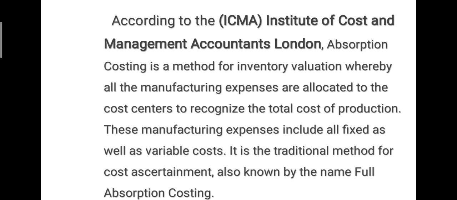Here, inventory must be valued. These manufacturing expenses include all fixed as well as variable costs. It is a traditional or conventional method of cost ascertainment.